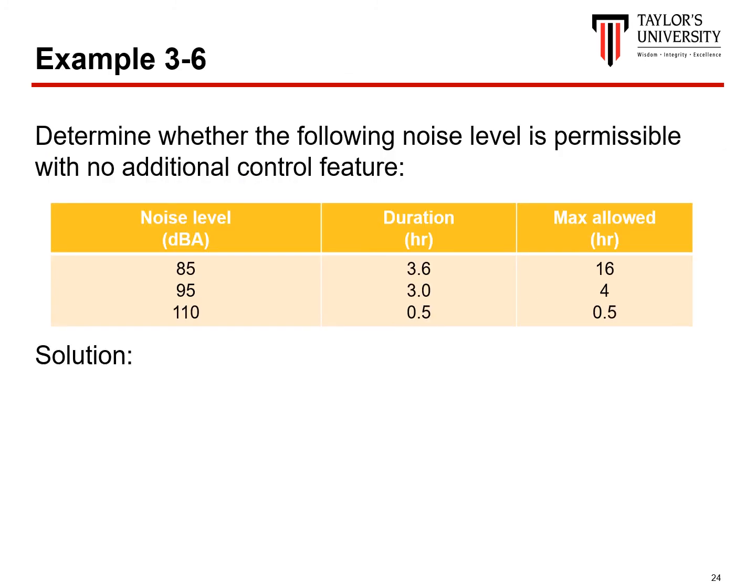Example 3.6 here is for us to calculate the noise level of a mixture of noise levels, to determine whether the following noise level is permissible with no additional control measure. It's given that the noise level at 85, the duration of 3.6 hours, and the maximum allowed limit is given. So for us to calculate, again, we use the same formula.